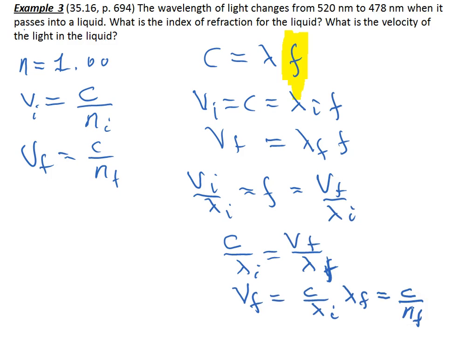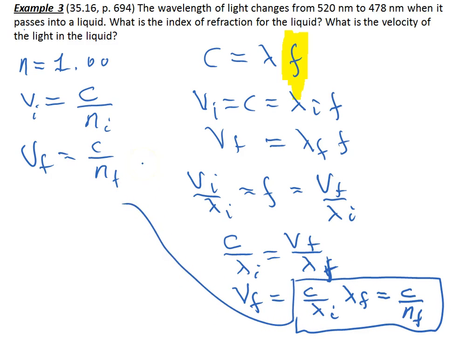Okay, so I'm just going to take this part and come up here. Then I can rewrite that, divide both sides by c, and I'm left with the final wavelength divided by the initial wavelength is equal to 1 over the refractive index that I'm trying to calculate.